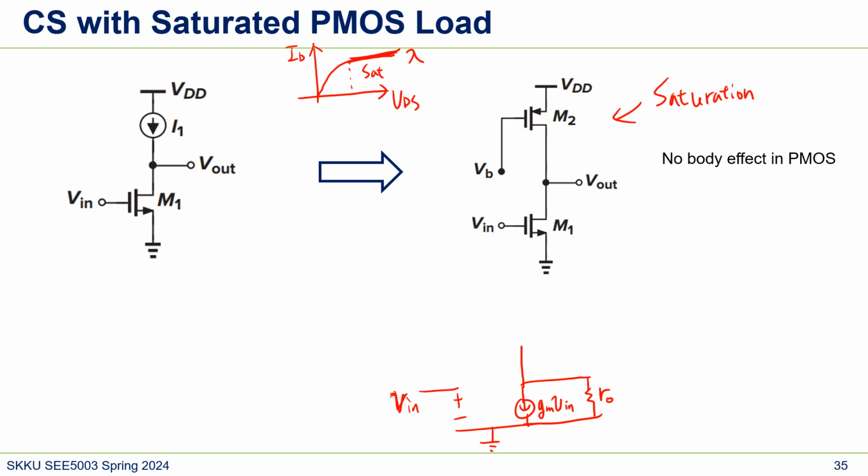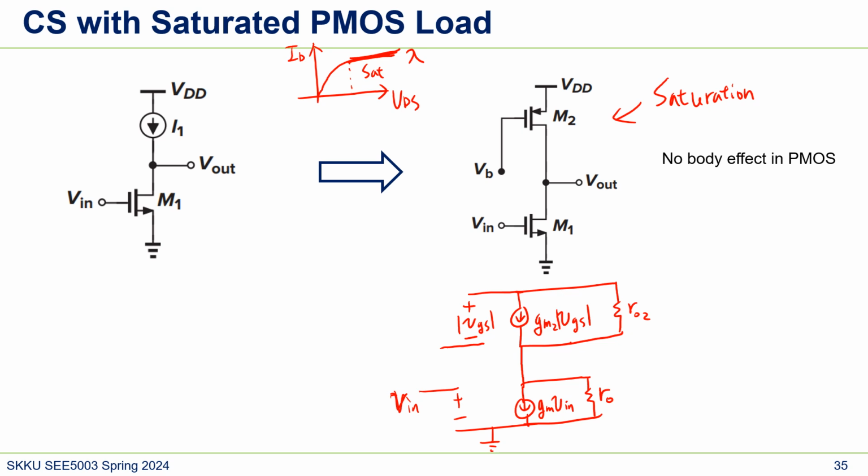The polarity is kind of tricky, but here's how you can do it. Let's just draw the current direction like this, gm2 times the absolute value of VGS. And then the other thing would be ro2. Here it is plus minus VGS, because the upper side was at VDD, right?